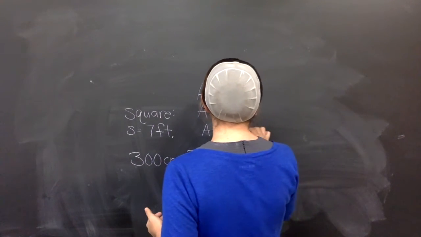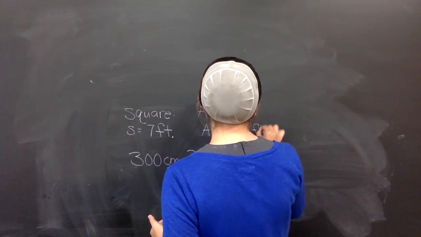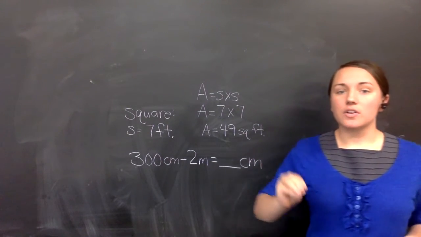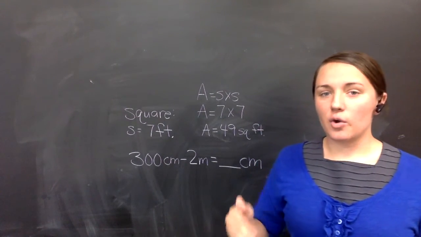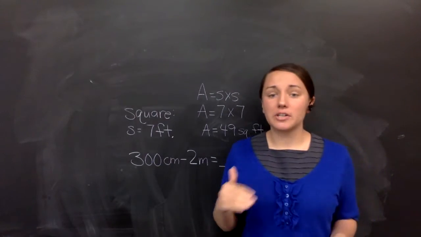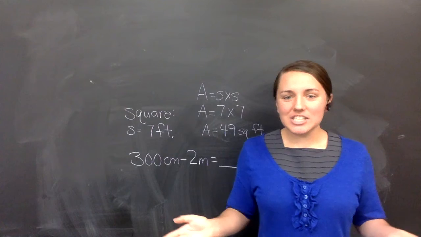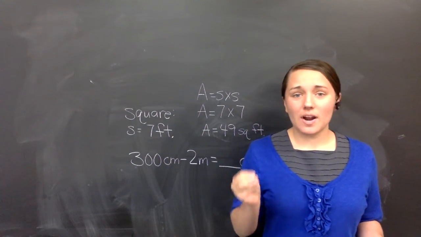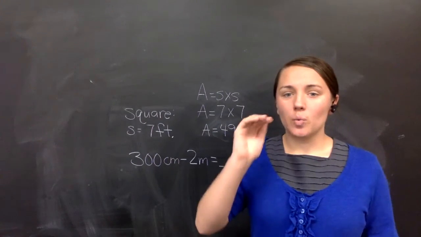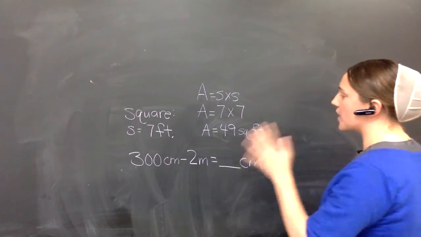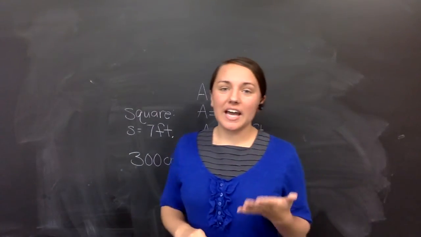So we have 49 square feet. Remember, it is very important that you make sure you write down square feet or square yards, whatever it is. If you're measuring area, do not just write down feet or yards or inches. Write down square feet, square yards, square inches, because we are measuring the inside of something, not just around it. So the area of the square is 49 square feet.